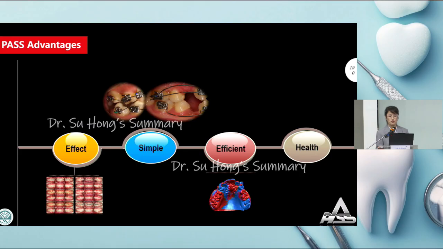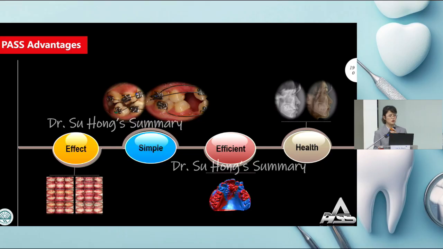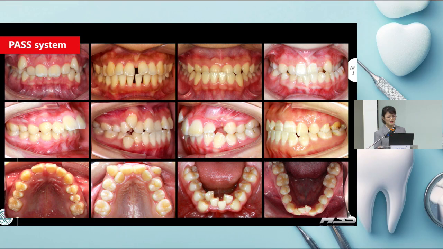We can avoid unnecessary forward-backward movement and reduce the duration of treatment. So PASS equals efficiency. Last but not least, we respect the physiologic boundaries. So PASS equals health. Let's go back to the front slide.